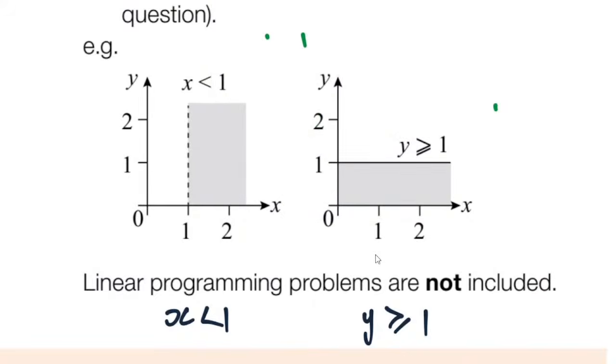So the first thing you do, you put lines. X equal to 1. Y equal to 1. These are the lines. At x equal to 1, we have a line. At y equal to 1, we have a line. But the line can either be solid or it can be dotted. So wake up, check, and confirm.